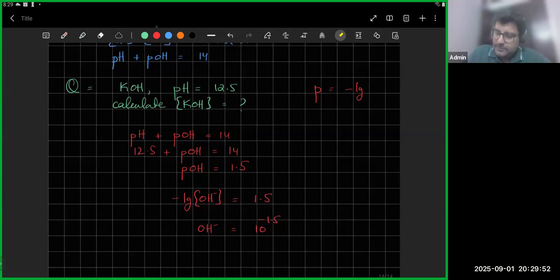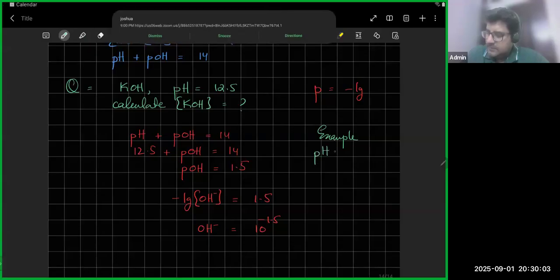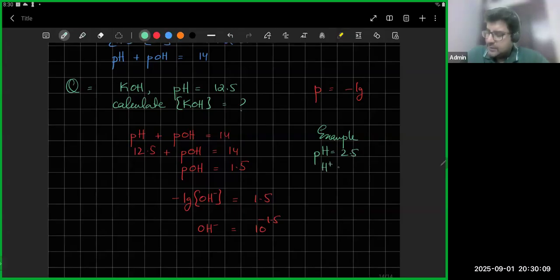So make sure you know this: if somebody says the pH is 2.5, then automatically understand that the H plus concentration is 10 to the power minus 2.5. This is log and anti-log.